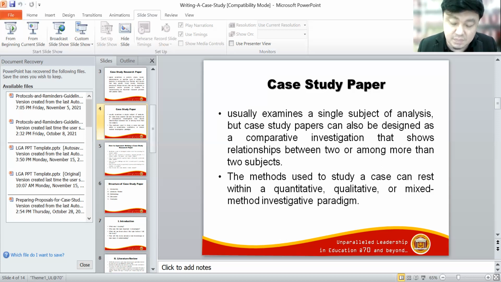So for example, we may be dealing with anecdotal records, but they have to be validated. It should not only be based on the account of persons who have second-hand experience, meaning the account was from someone who has witnessed the actual event or phenomenon, or the person himself, but is only second-hand.